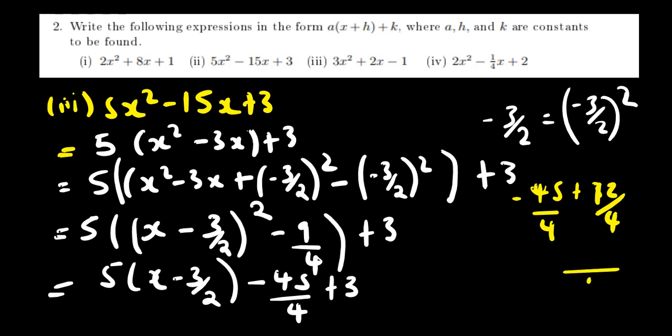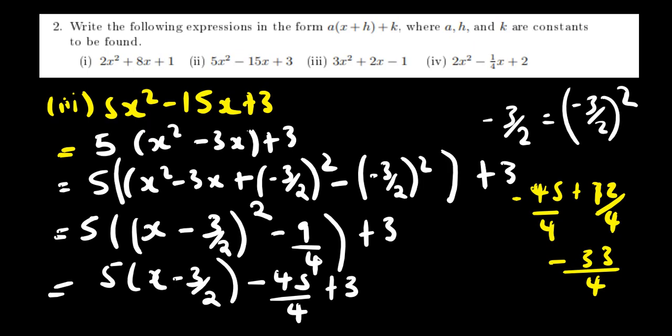So with a common denominator, negative 45 plus 12, that is negative 33 over 4.